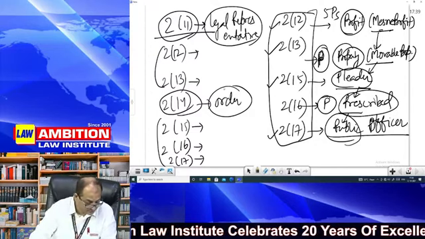Then it says 18 rules, share and signed.